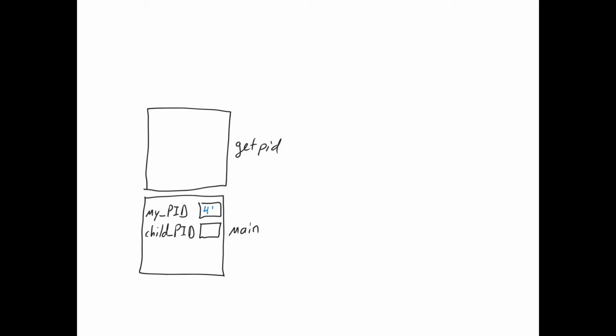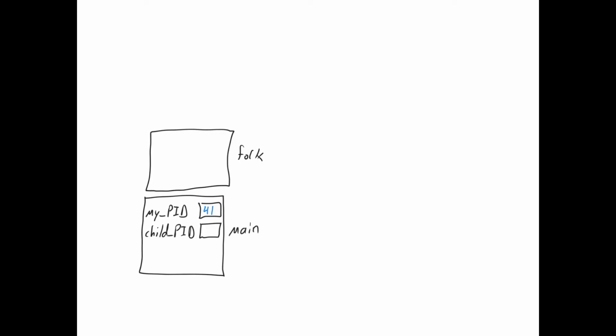But then we call the fork function, and again we get a new stack frame for fork, and we still don't know exactly what's going on in the fork function.